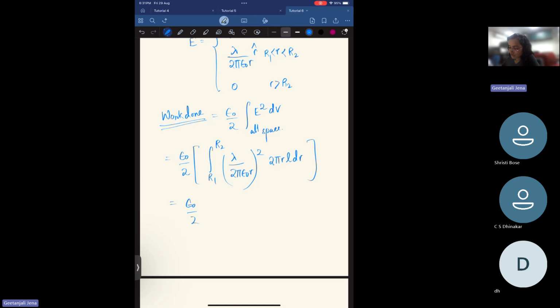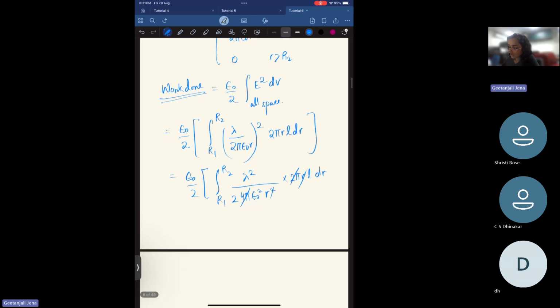So let us solve the inside first. Lambda square over 4 pi square epsilon square r square, times 2 pi r L dr. And r will cancel also.